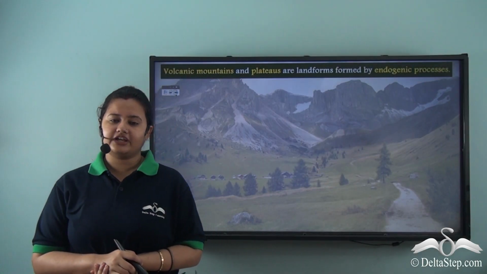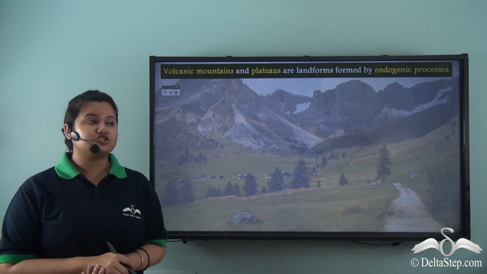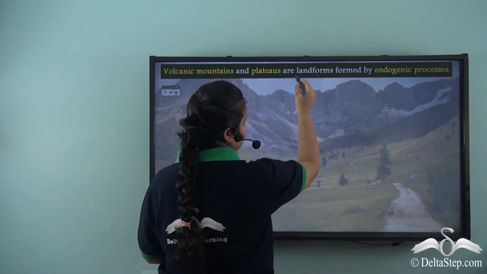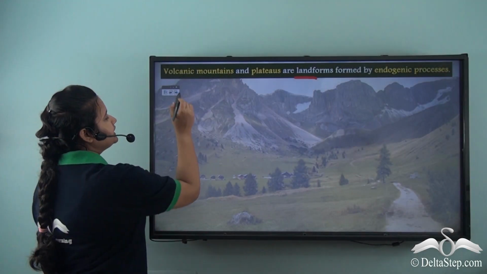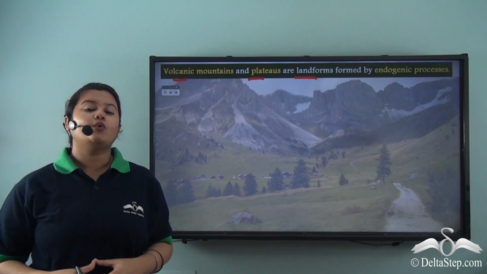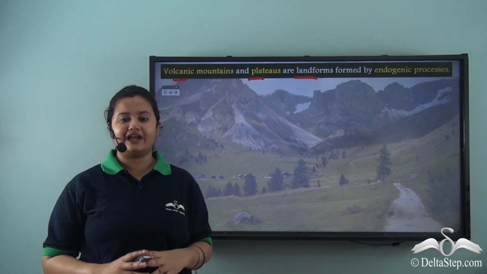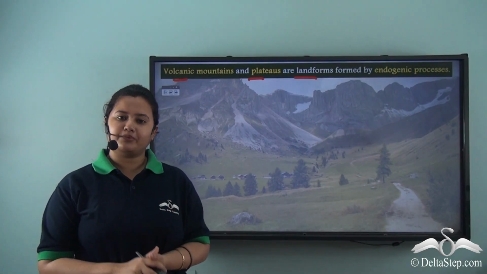Now, the solidification or condensation of lava leads to the formation of new landforms like volcanic mountains and volcanic plateaus. So, volcanic mountains and volcanic plateaus are examples of landforms formed due to endogenic processes.